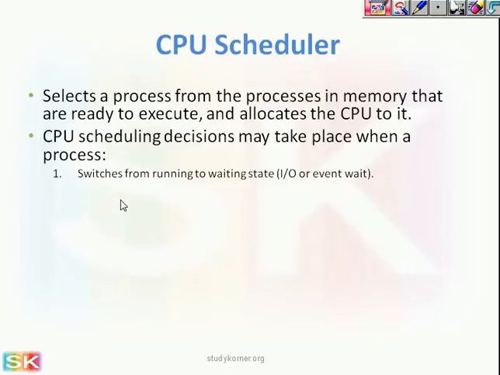So it is the task of CPU scheduler to select a process from main memory and put it to the CPU, right? So when a process switches from running to waiting state, there is a need of execution of the CPU scheduler, right?